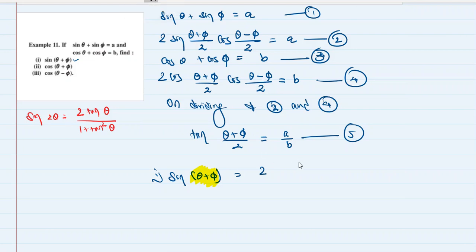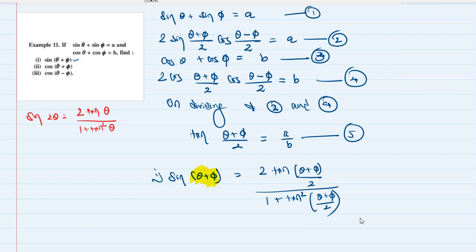So what I get over here is 2 tan (theta plus phi) by 2. I told you there is no double angle over here, that's why here I am going to write the half angle. The whole upon 1 plus tan square (theta plus phi) by 2. So that is the formula for sine of theta plus phi.